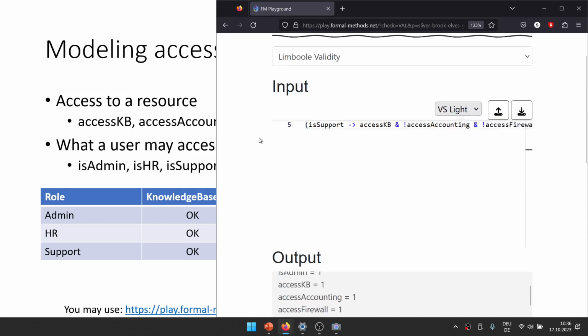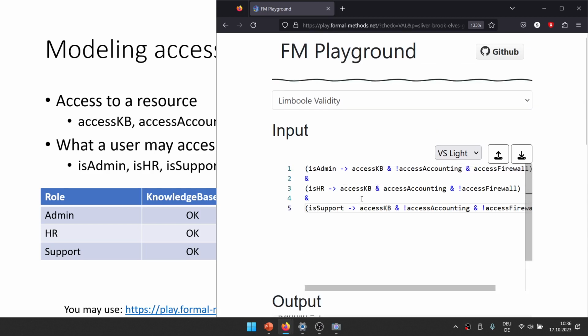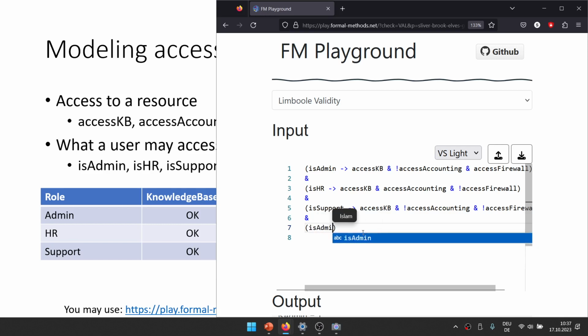Now, what happens? So let's say we're going to simulate. I'm going to add a specific person. And this person is an admin and also works in HR, right?